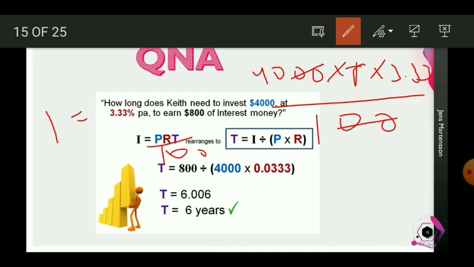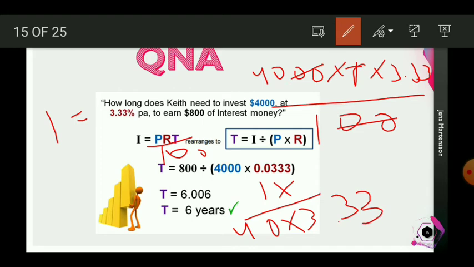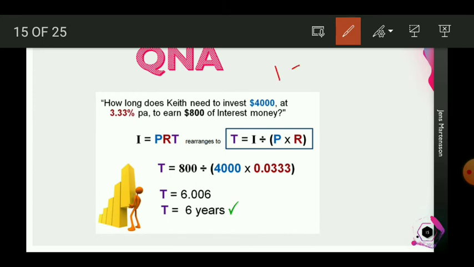Now our I is this side, so I into 100 we have already cancelled, no need of it now. So this all will go down, 40 into 3.33. Okay, so what do we get now? We got that 40 into 3.33 equals 133.2, right?